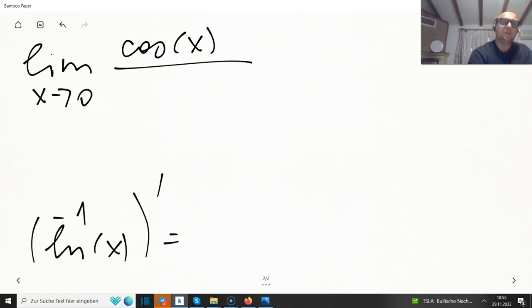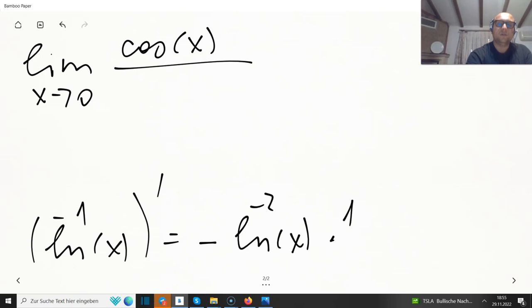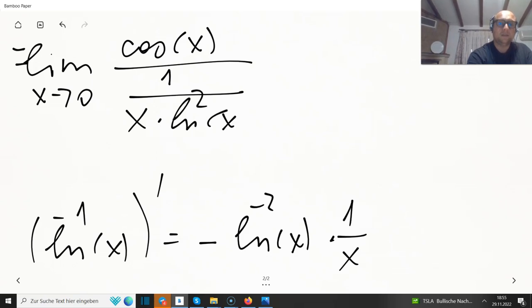Producing the derivative of it would be minus ln to the power of minus 2 of x times 1 divided by x. Is it helping us? Well, let's see. Basically we can take minus in front, and we are having 1 divided over x times ln squared of x.